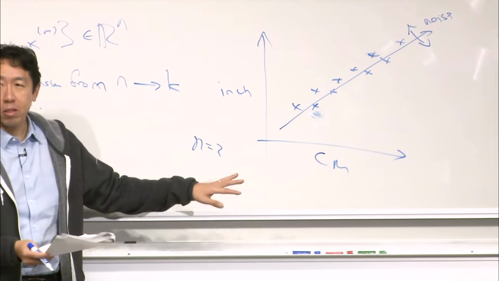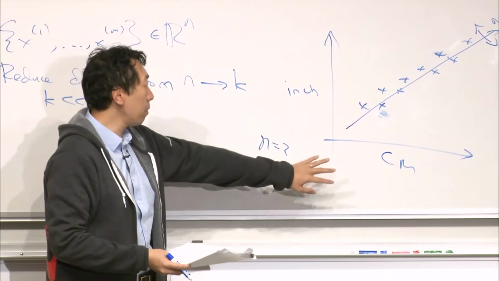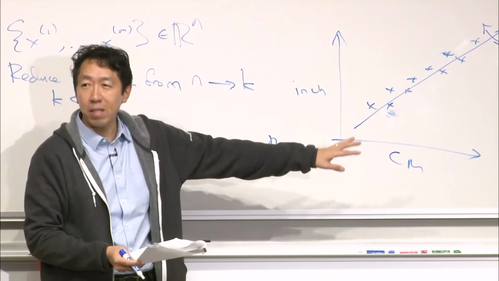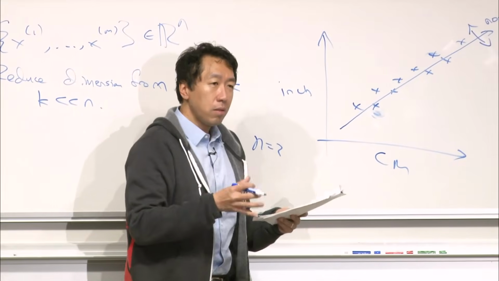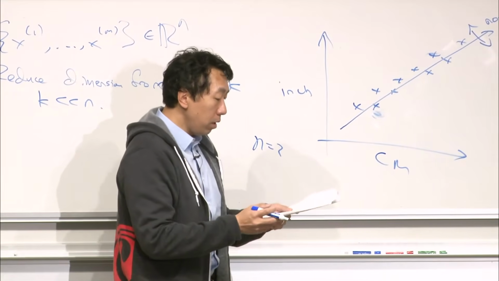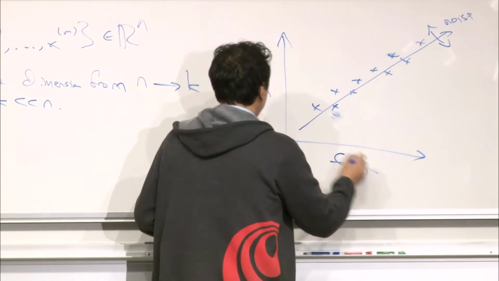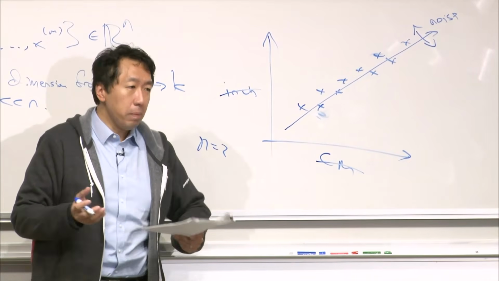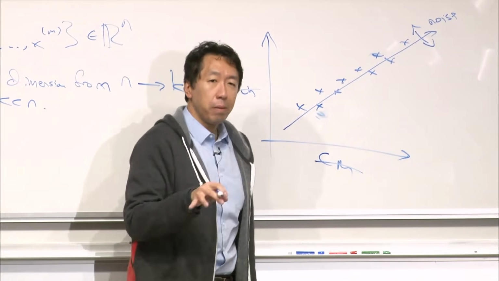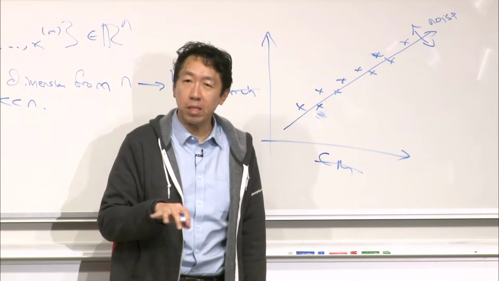Now, this example is a little bit contrived, because inches and centimeters is basically the same thing, right? It's really the length. A slightly different example would be if you have some variables. Let's say that you're running a factory, and you have two vibration sensors on maybe two different parts of the machine.